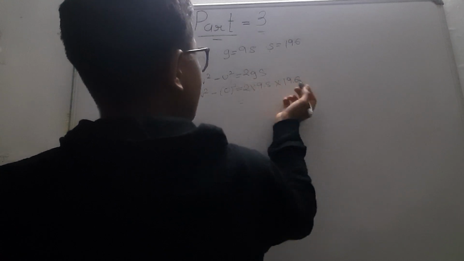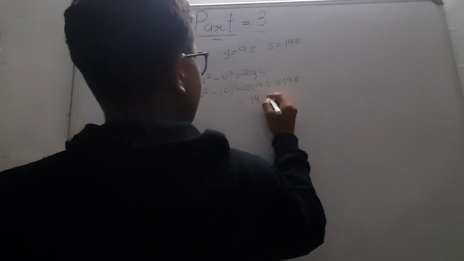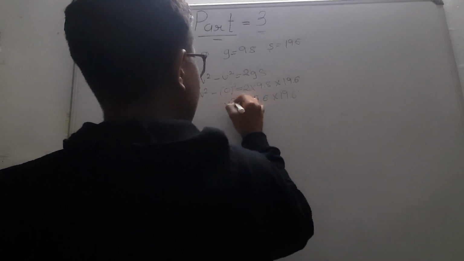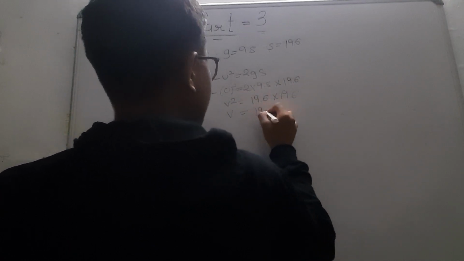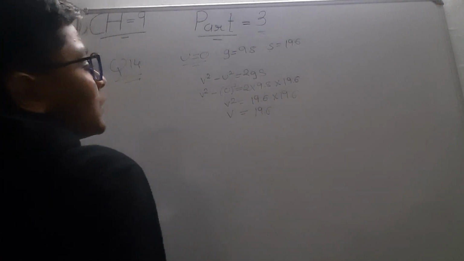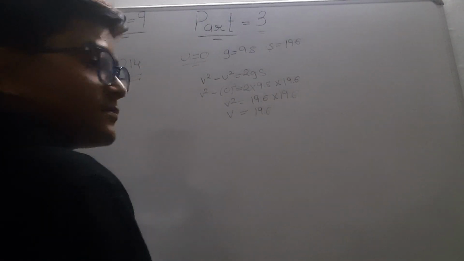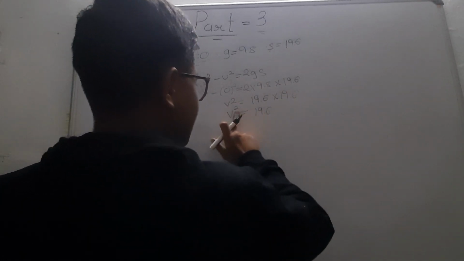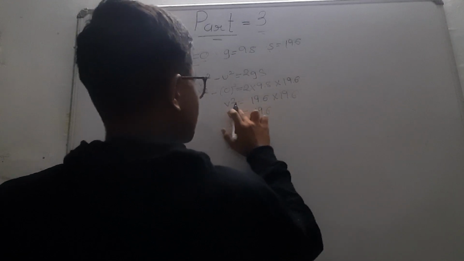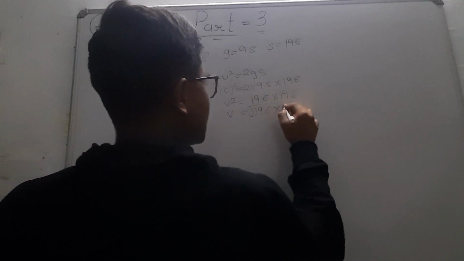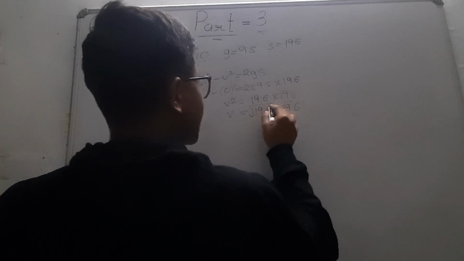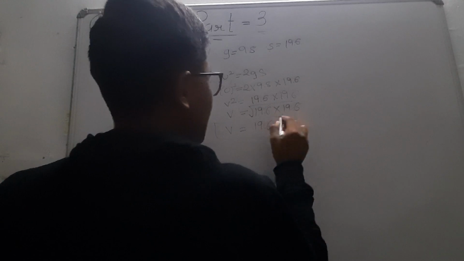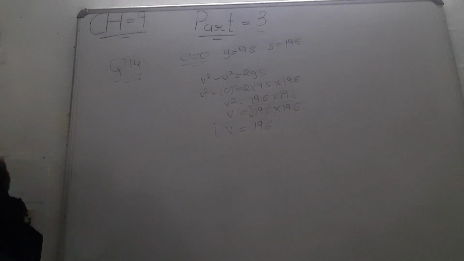When you multiply both, you will get 196. v square is 196, so v is equal to 19.6. Why is the answer 19.6? Because when the square is removed from 196, we get 19.6. Here is the solution of question number 14.